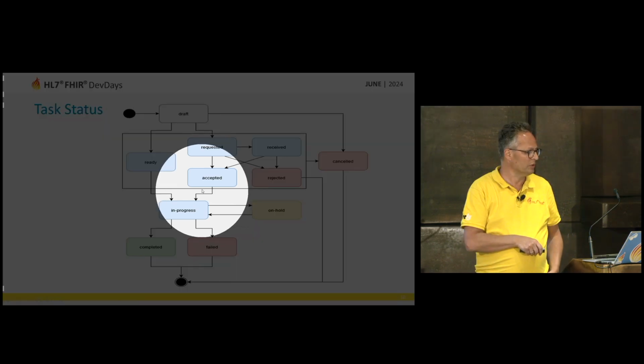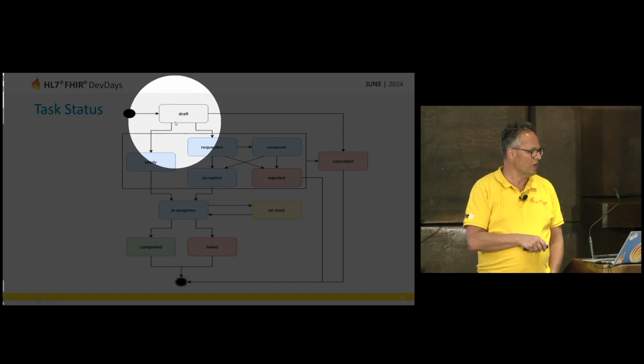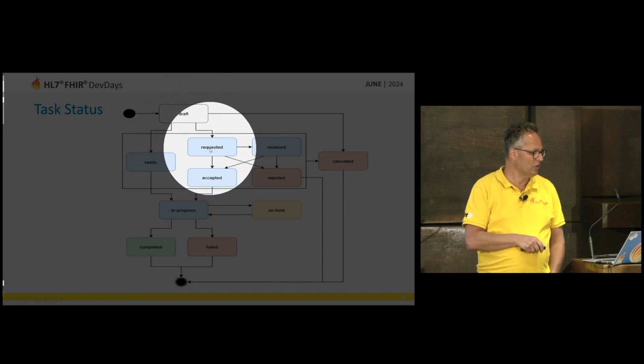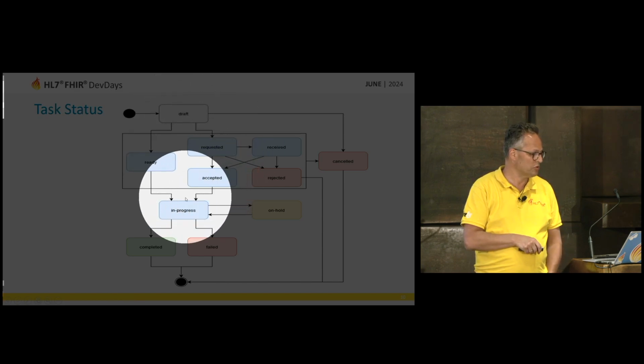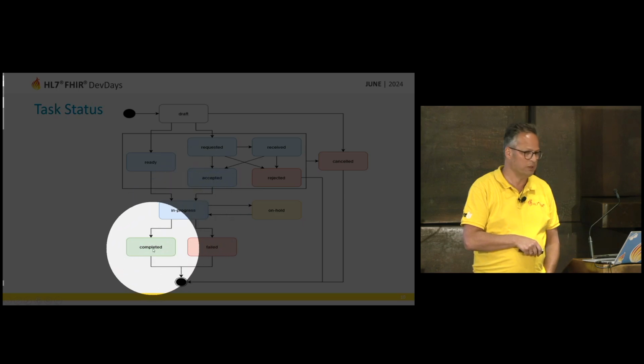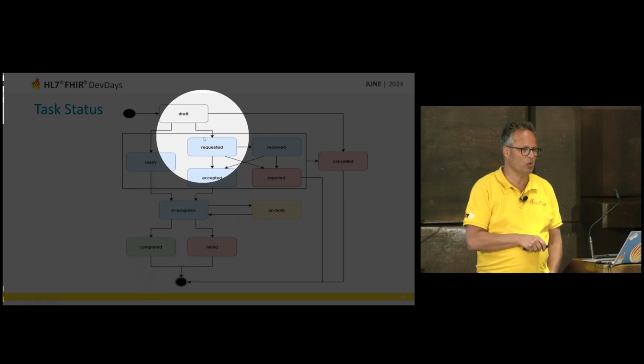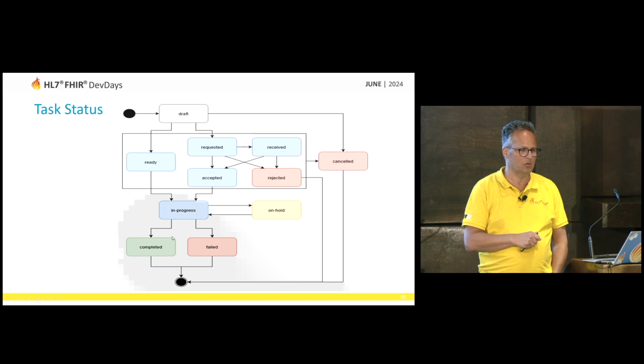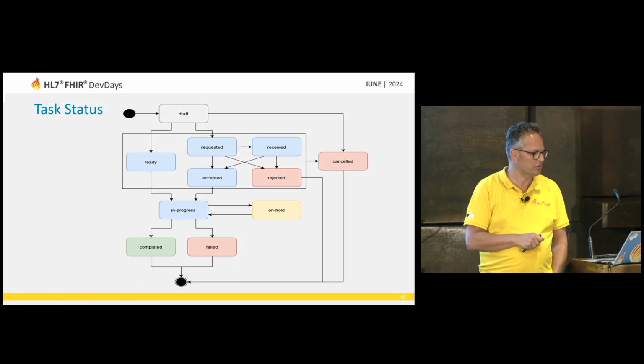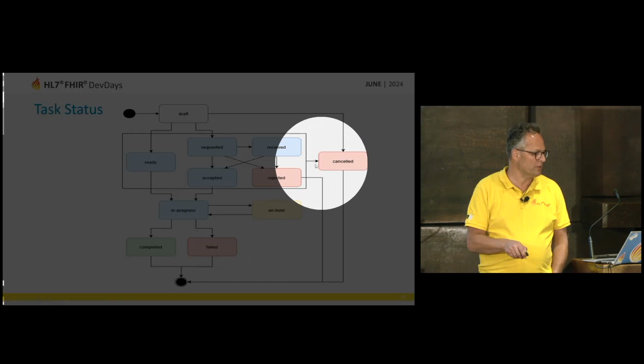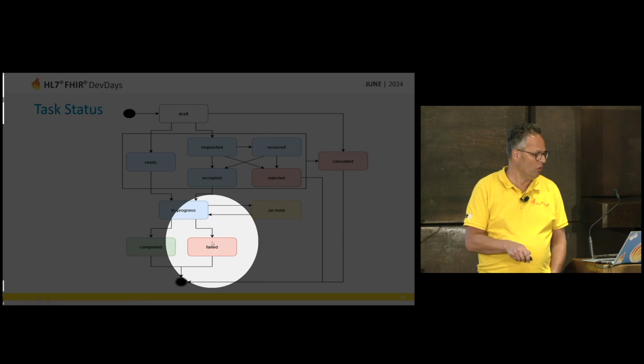And we see them color-coded, so a task can go from requested to accepted to in progress to completed. That will be a fairly normal life cycle for a workflow management resource. But you see that we can also have cancelled, rejected, or failed.